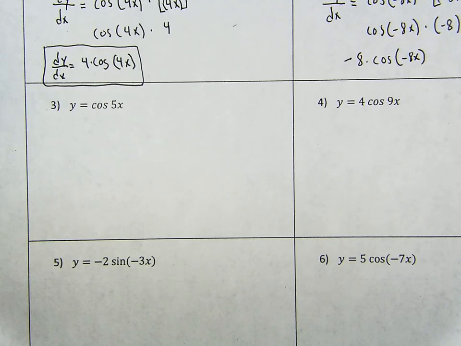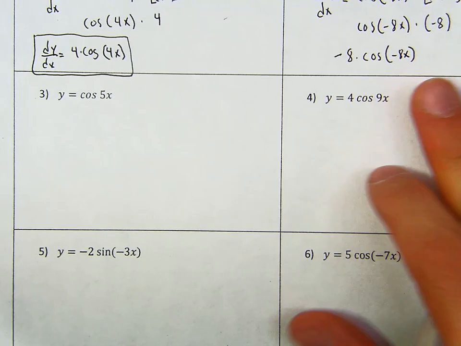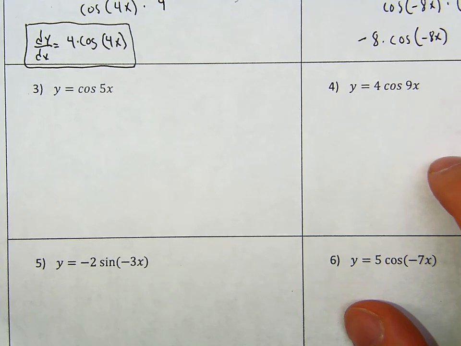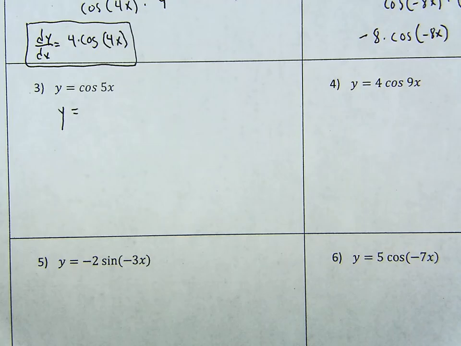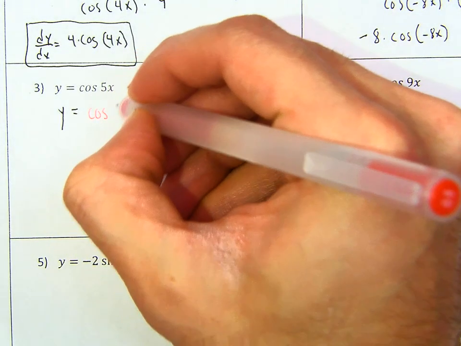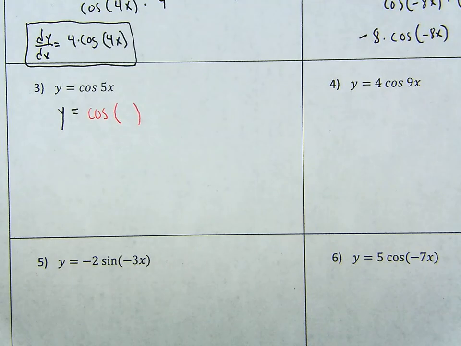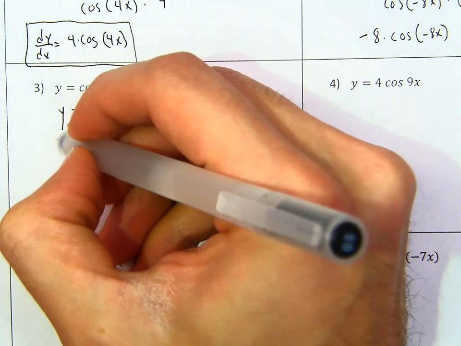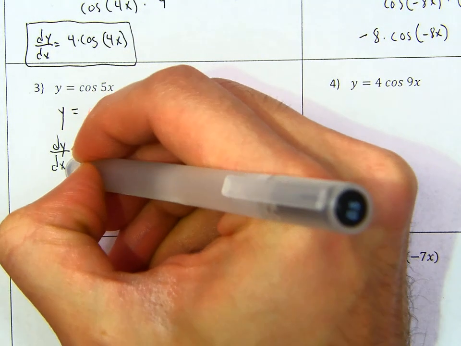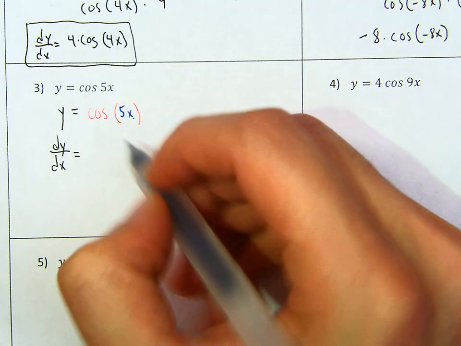All right, try and do the next one, right? Don't wait for me to do everything, all right? Try and do 3 and 4, okay? Here for 3, what's the setup? This is y equals cosine parentheses, that's our outside, 5x is on the inside, then we take dy dx. What's the derivative of cosine?